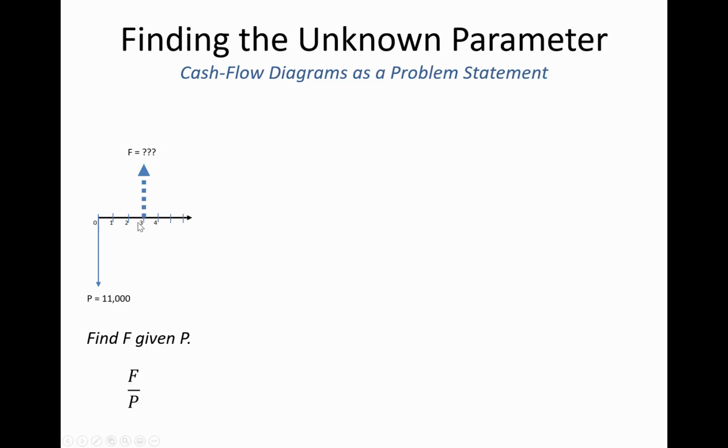And so we know that the unknown is the F, both because of the question marks and also because it's the dashed line. And so we can summarize this problem type as find F given P. Or even more simply than that, we can just say F/P.